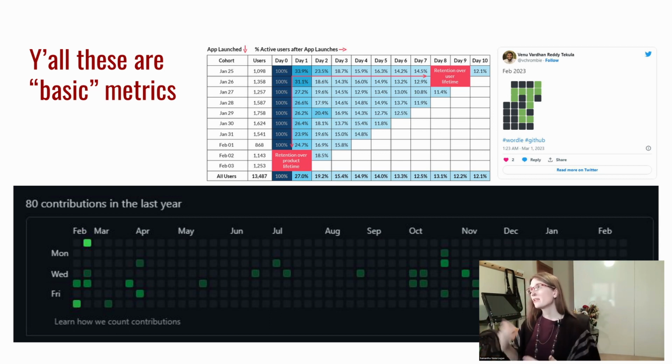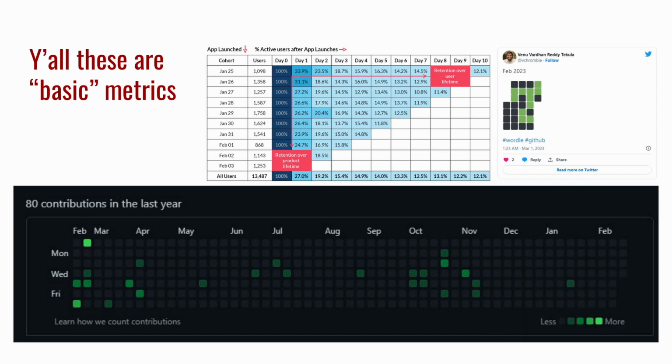And you can also see up in the top right, Venu actually lauded and appreciated his activity for any given month, basically saying, these are the days that I contributed. And by doing so, you can say most people are contributing a certain percentage of time over any given month. And of the individuals who engaged on day A, when we did an event, their activity was higher than people who didn't attend.